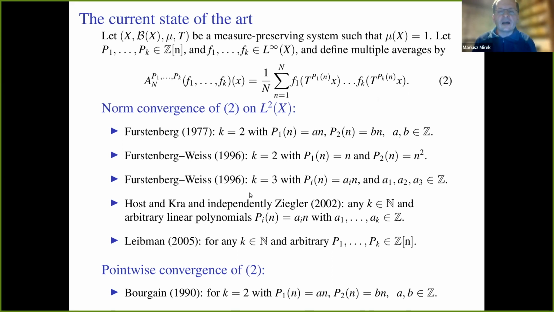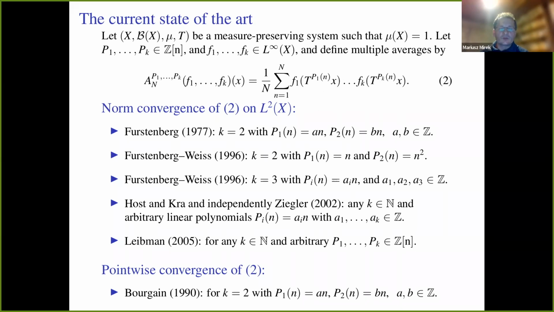Then Furstenberg and Weiss considered the bilinear parabolic situation, and also the trilinear situation for linear polynomials. Then we have the groundbreaking papers of Host-Kra and Tamar Ziegler, where the general situation for linear polynomials was understood. And in 2005, Sasha Leibman proved the norm convergence for polynomials with integer coefficients. This is essentially how the situation for norm convergence looks.